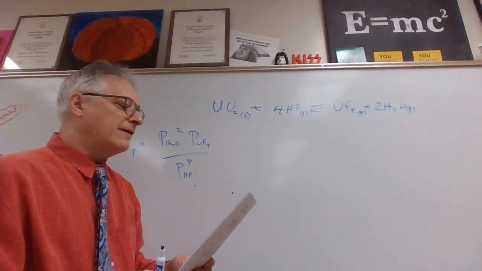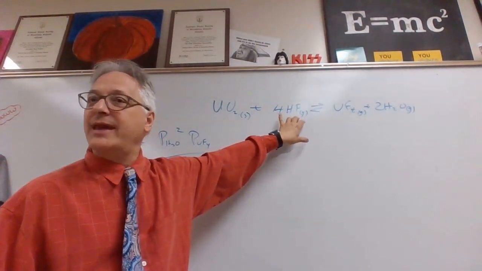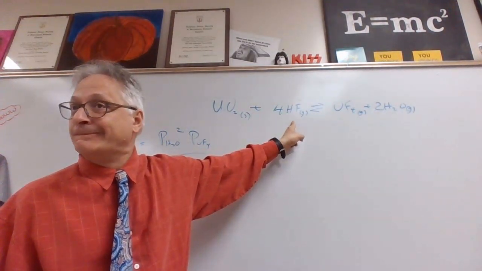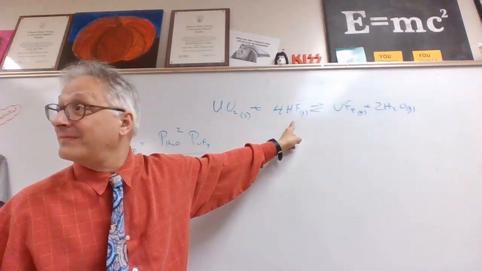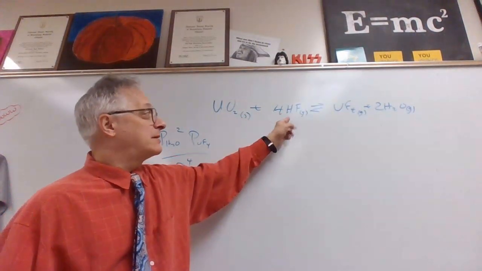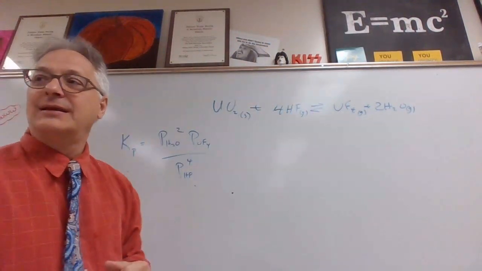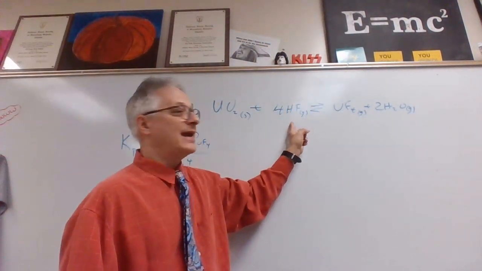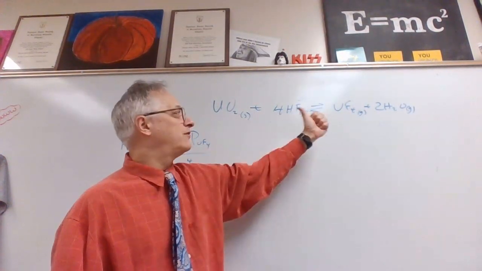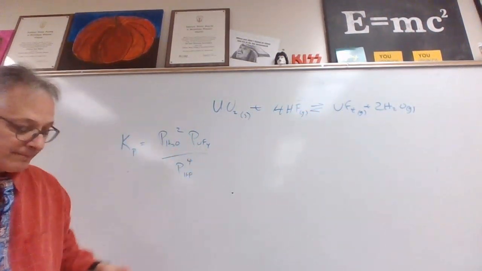Anyway, if this is put in a glass container and the HF is reacting with the glass, essentially what's happening to the hydrogen fluoride? It's supposed to be reacting with that, but if some of it is being taken away because it's reacting with the glass, it's going to shift back to try to replace some of that, right? It's going to try to reestablish that.